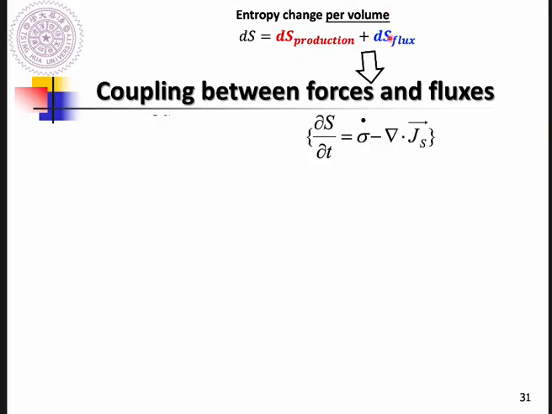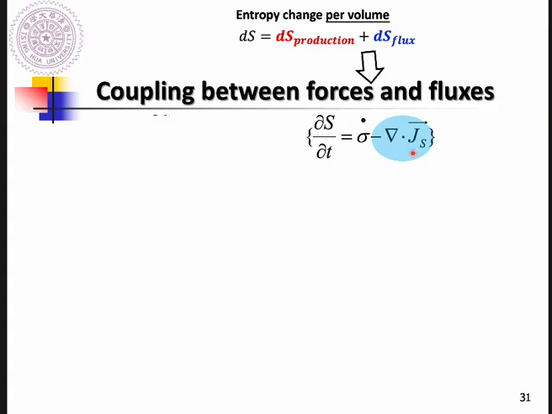And this one is the entropy flux, the change in entropy flux, which means the interaction with the surrounding cells. And if I divide it by time, it will equal the negative gradient of the entropy flux.